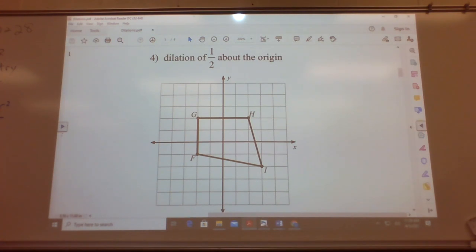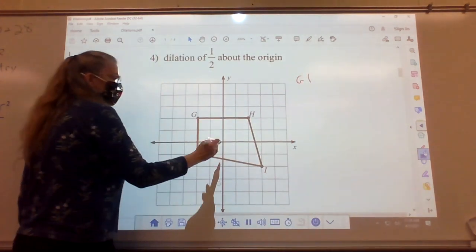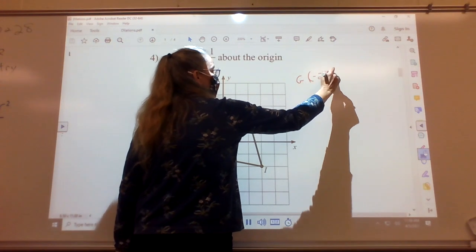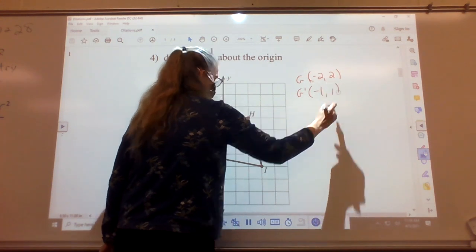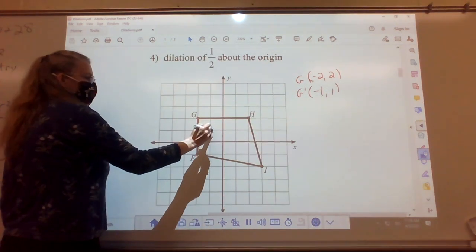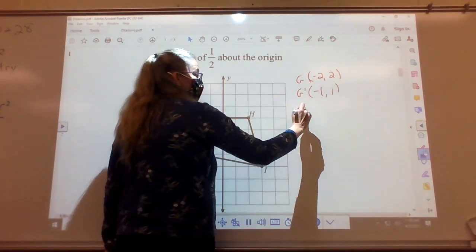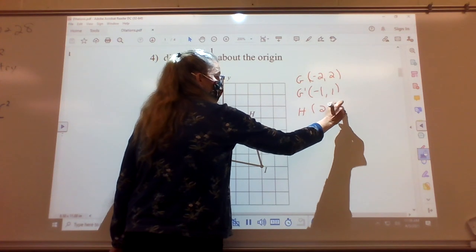Now 4 is a half, which does make it a bit easier. Again, it's a reduction. So G started out at (-2, 2). Well, half of that's just (-1, 1). So (-1, 1). That's pretty easy. That's the new G. H starts out as (2, 2).